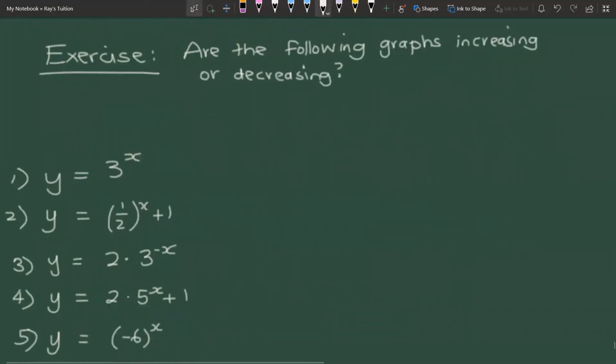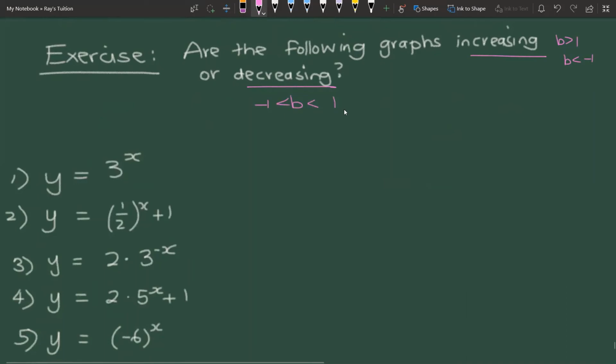In this one here, we're just answering whether it is an increasing graph or a decreasing graph. To answer this, we have to look at the b value. If the b value is greater than 1 or less than -1, then we have an increasing graph. And if the b is between -1 and 1, we have a decreasing graph. So again, the b is the base of the exponent.